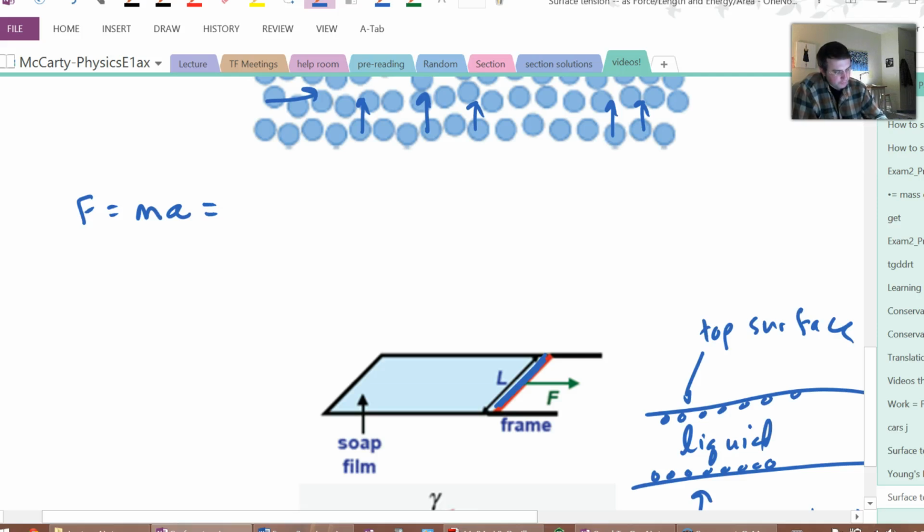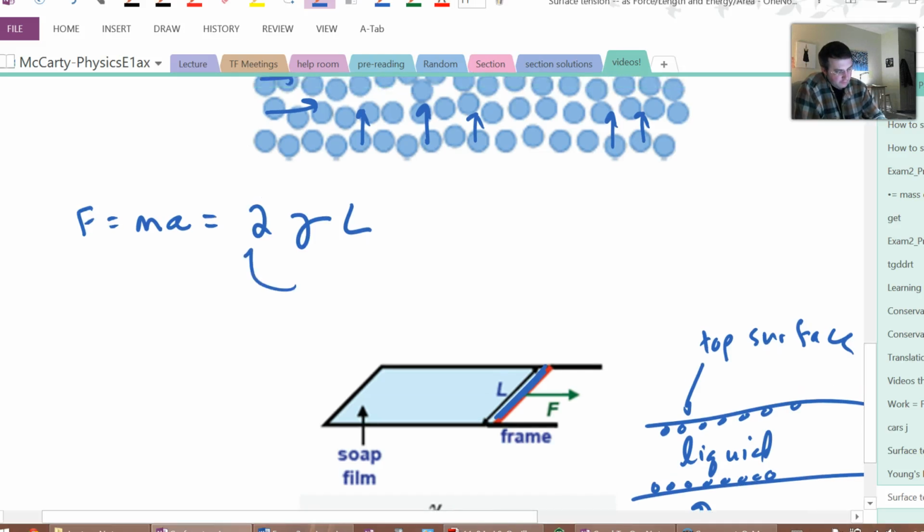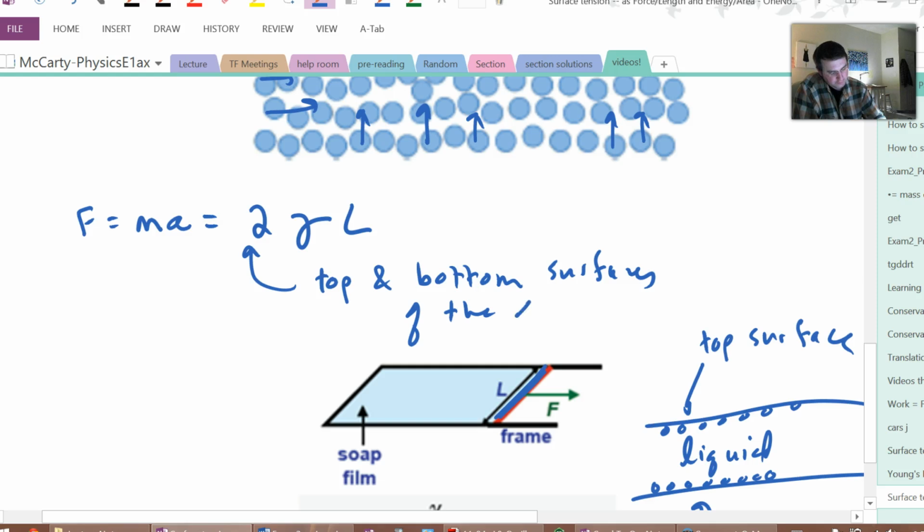This would be equal to 2 times gamma times length, because the force that is exerted by a film is directly proportional to the length of the film. That's why we have the term L here. And we have the factor of 2 because this represents the top and bottom surfaces of the film.